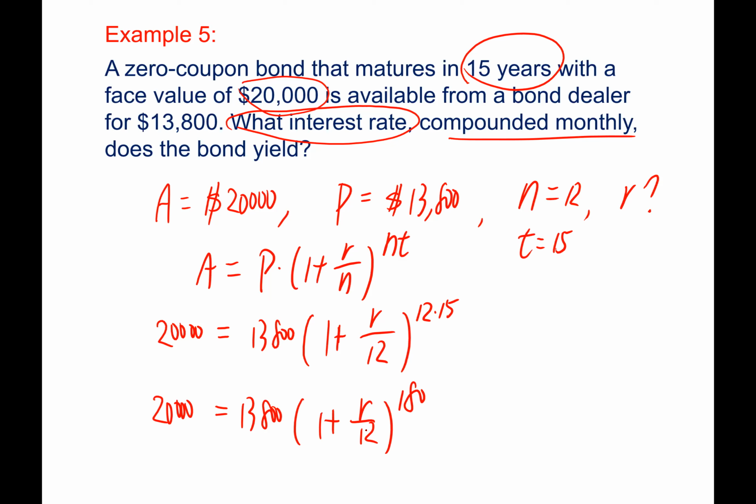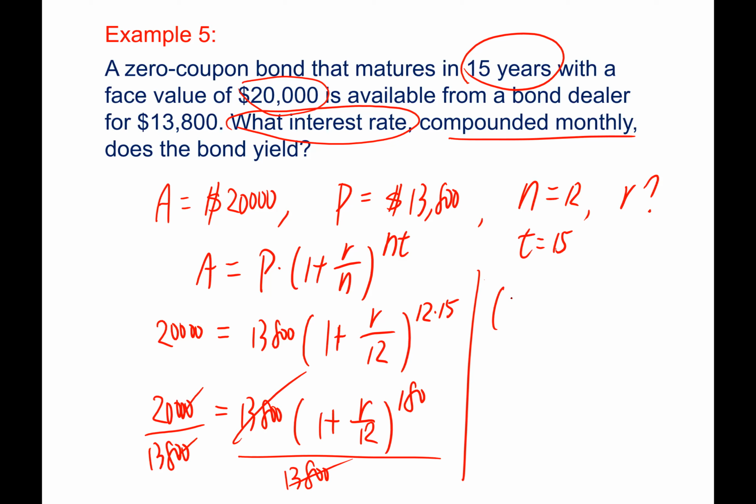Now, step one, you will just divide 13,800 from both sides of the equation. Okay, let's do that. That means we drop the coefficient on the right, and on the left, just drop a couple zeros. So it becomes (1 plus R over 12) raised to the 180 power equal to 200 over 138.